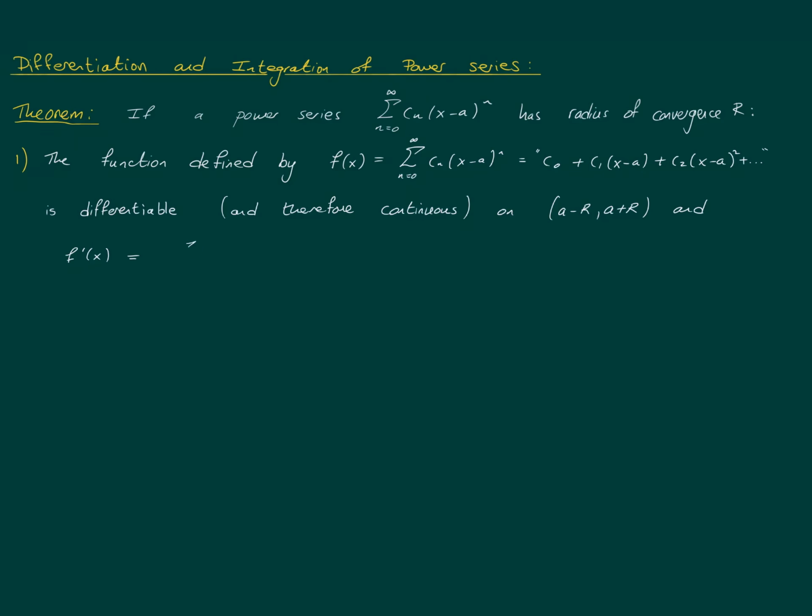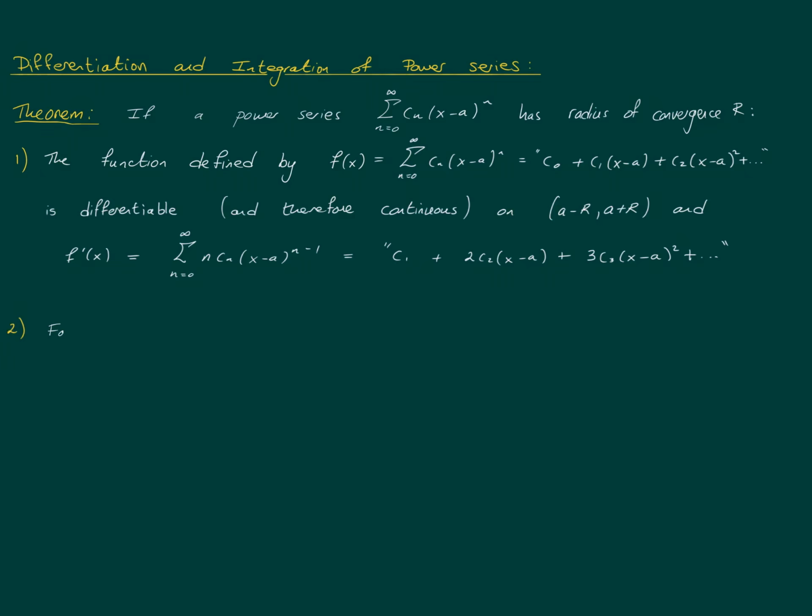F prime of x is equal to the sum from n equals 1 to infinity of n times cn times x minus a to the n minus 1. And this is exactly what we would get if we just naively differentiated each term. So the c0 would disappear, the c1 times x minus a would become c1, etc. So this is the formula for the derivative of the power series on the interval where it converges.